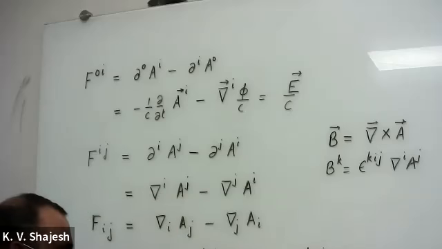That's my cross product. That's my magnetic field. That's equal to del cross A, the kth component of it.